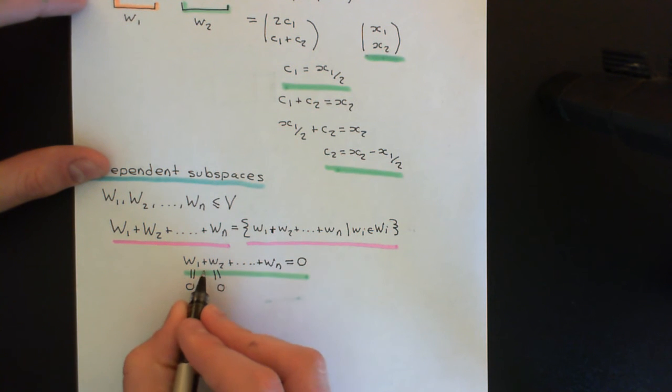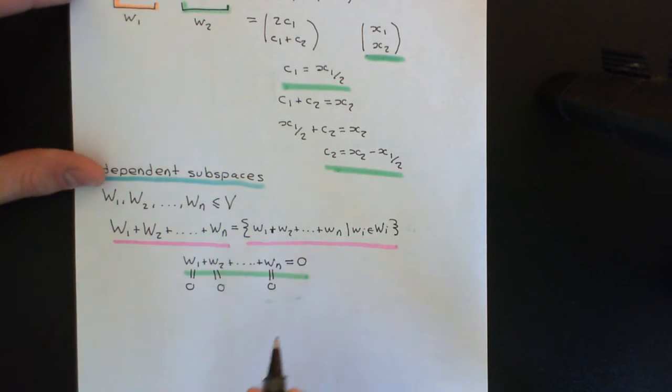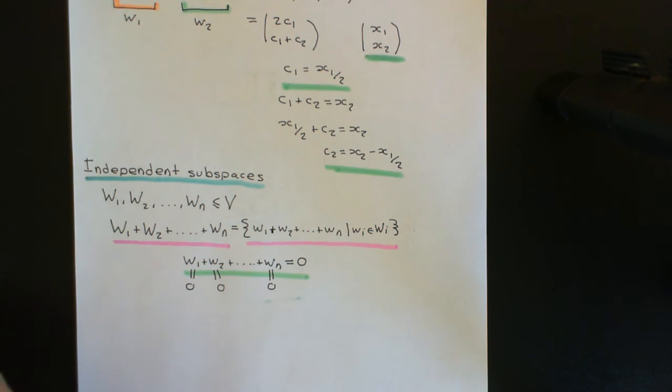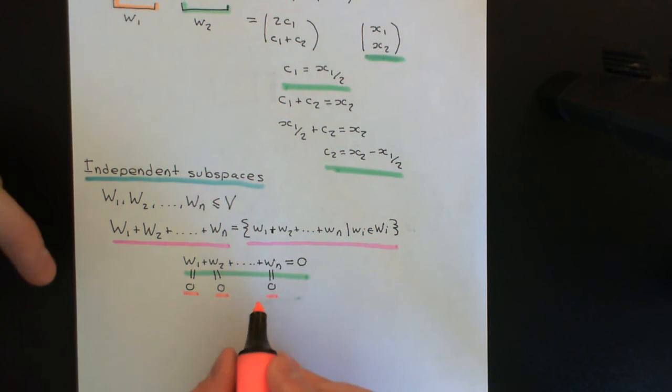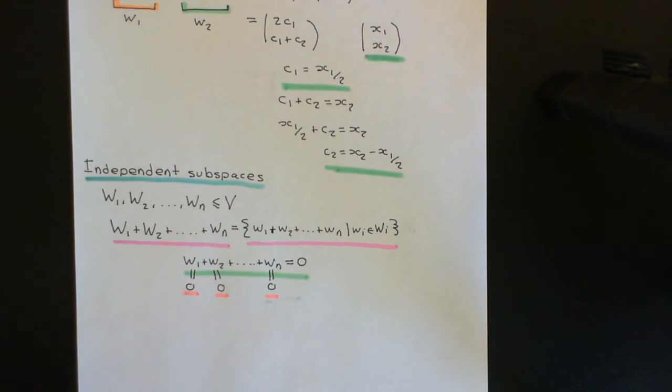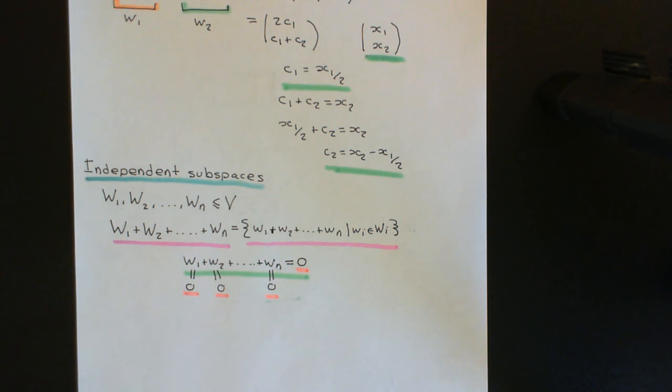You let little w1 equal the zero vector, little w2 equal the zero vector, and so on, all the way up to little wn equal to the zero vector, and you add together n lots of the zero vector, and of course that will also give you the zero vector as your overall answer. That's called the trivial way of getting the zero vector, the trivial sum which will give you the zero vector.